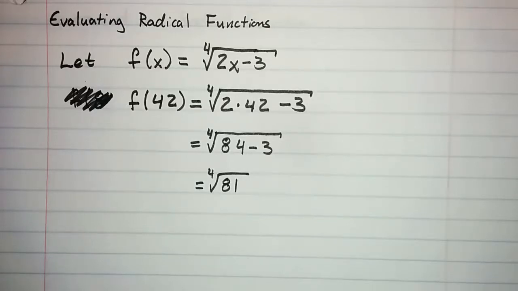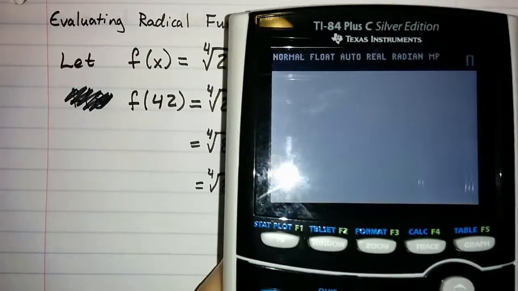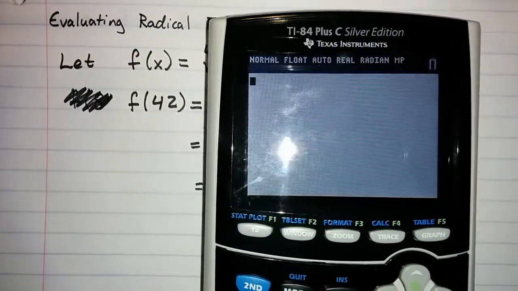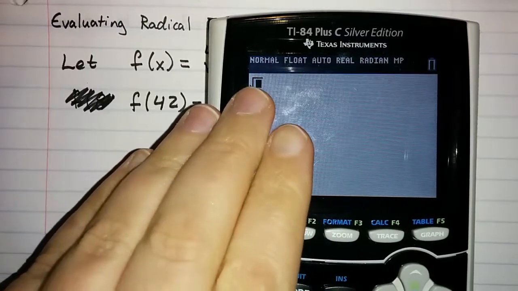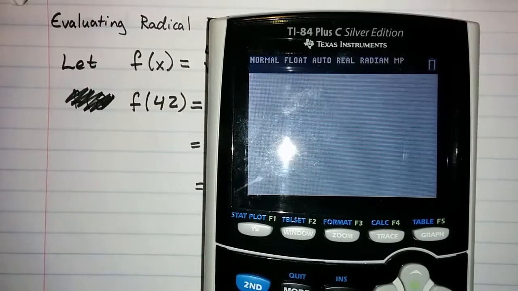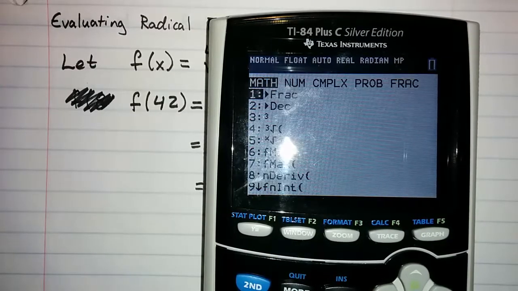an arbitrary root on the calculator. Right? Because if I just say square root, that's the square root. That's not what I want here. Instead, I'm going to go to the Math menu.